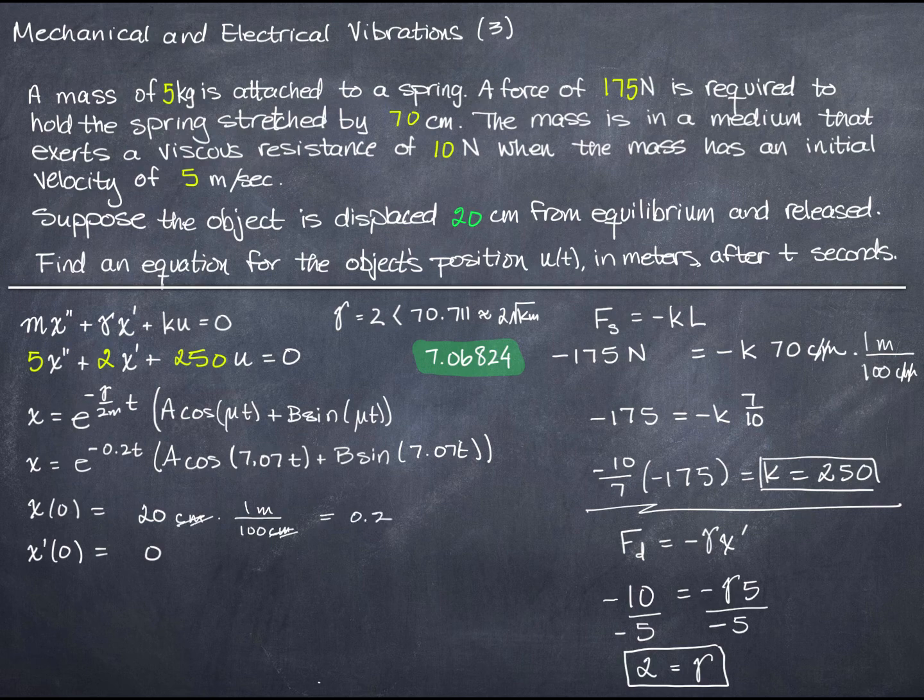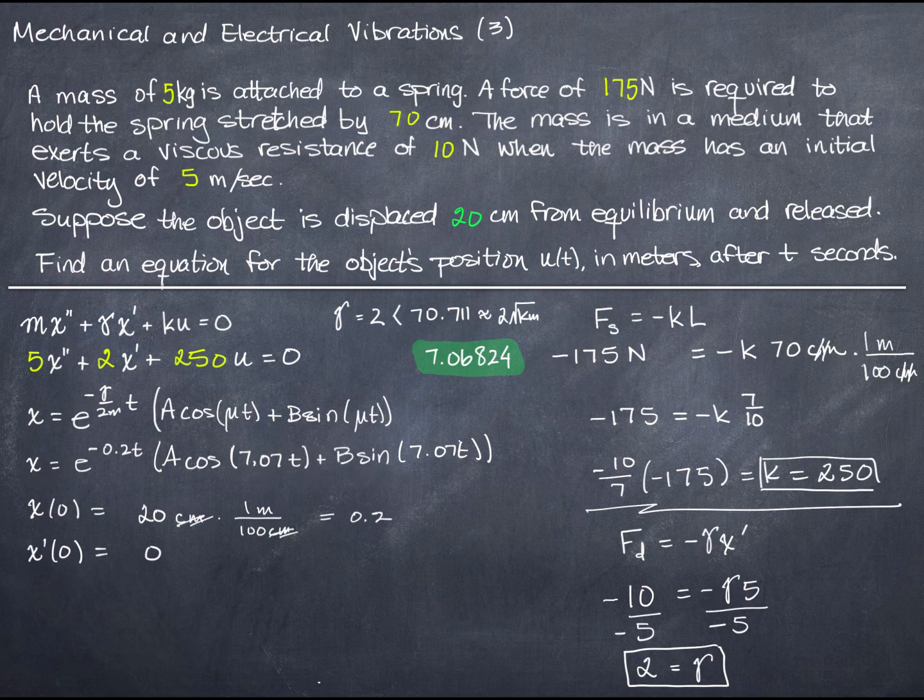And with that, I have essentially a system of equations. I have the value for x, the value for this equation, which is 0.2, whenever t is 0. And I also have the value for the derivative of this equation whenever t is 0. I haven't determined what the derivative is yet, but I'll do that next.